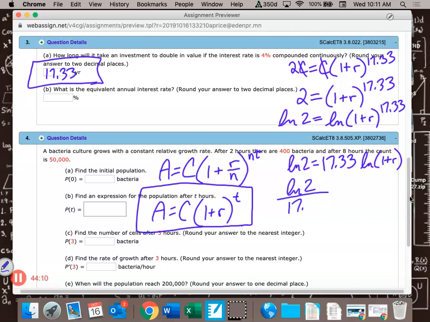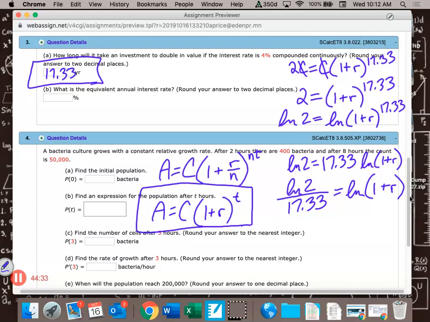My way, which may seem longer, and you don't have to do it, but this is how I would have done it. Now I get to here. How do I get rid of the ln? When we have an E equation, we take the ln of both sides.